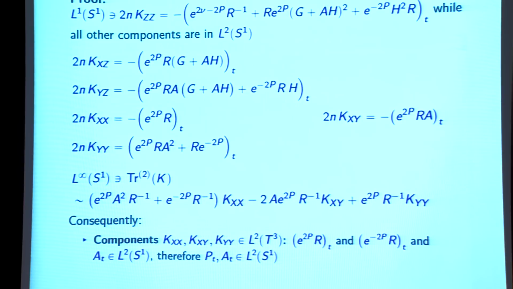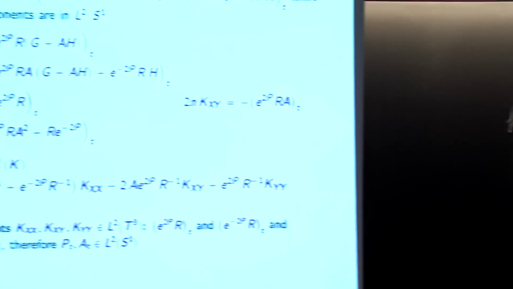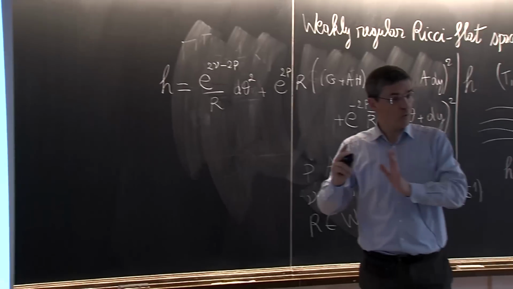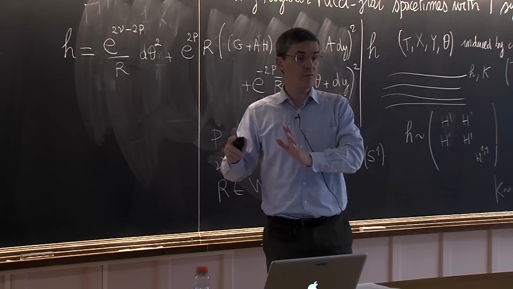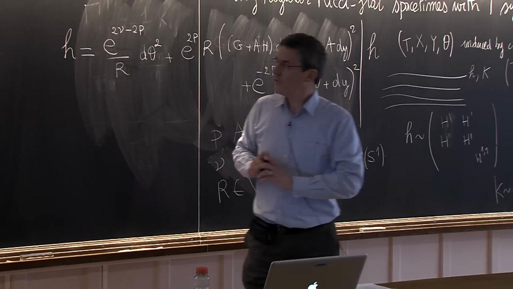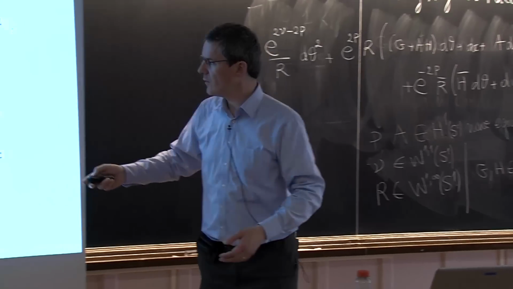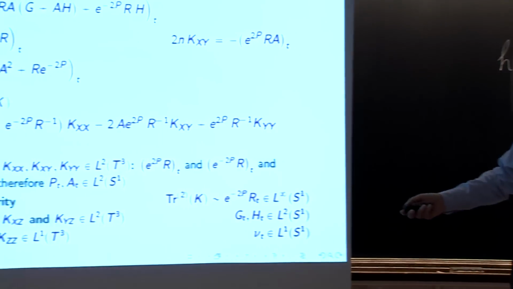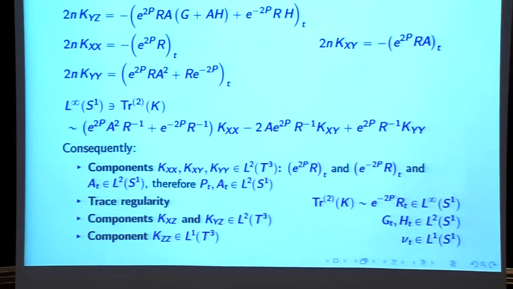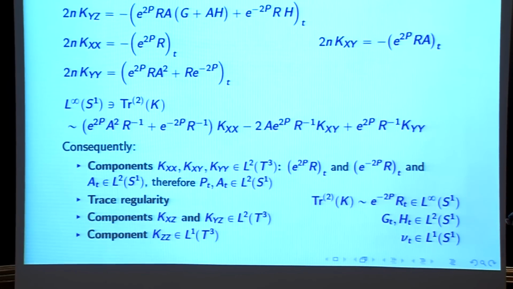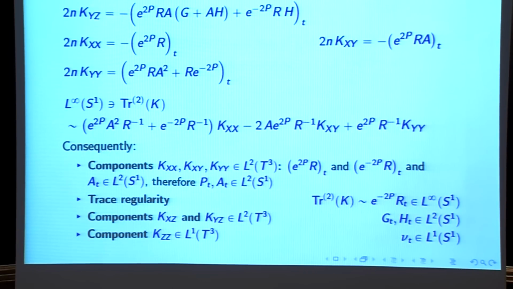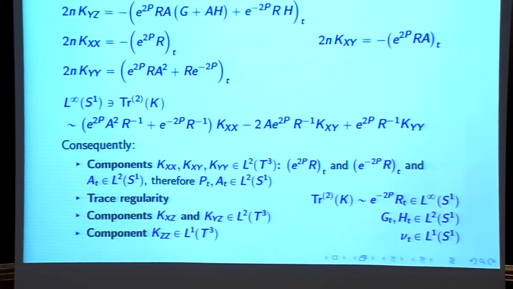You have some regularity for k, geometric regularity, and you wonder what it means at the level of the coefficients. Okay, so you can go through all of that. The trace 2k is a time derivative, and so on and so forth. It's really straightforward from this formula.